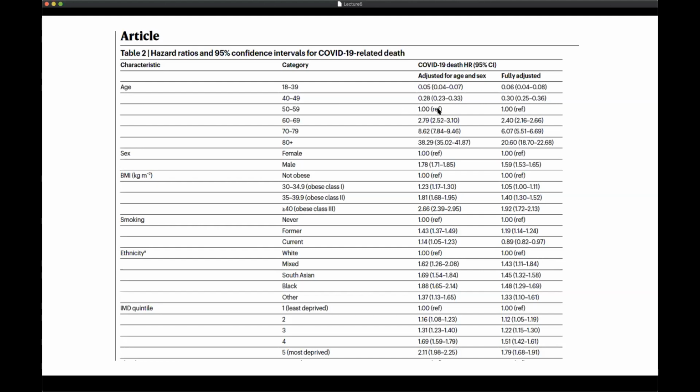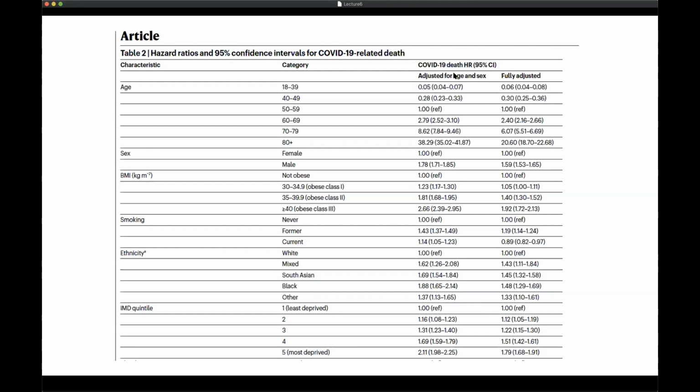So the way to read this is, your reference risk is if you're between 50 and 59. If you're younger, you have this hazard ratio, which is basically a relative risk. So loosely speaking, you're a third as likely to die from COVID if you're 40 to 49 as if you're 50 to 59.